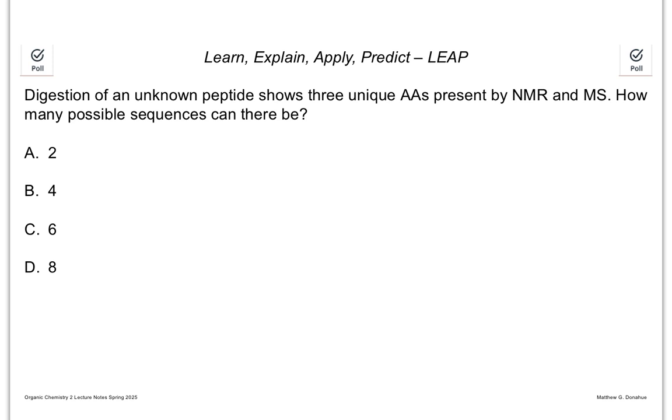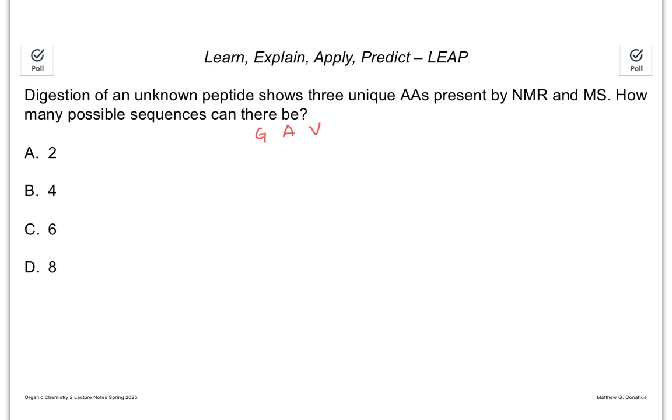Here's a question. Digestion of an unknown peptide sequence shows 3 amino acids present by NMR and mass spec. How many possible sequences can there be? To figure this out, say you have 3 amino acids, say glycine, alanine, valine.